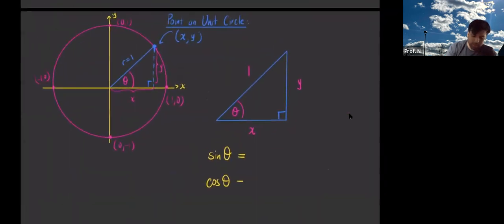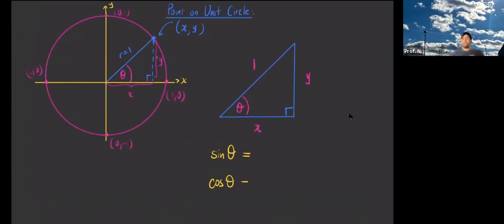I don't know why that circle disappeared, but I'm glad it's back. What's sine of theta? Isn't theta opposite over hypotenuse? So isn't it y over 1? But y over 1 is y. That's important, guys. The y value of the unit circle represents sine theta.